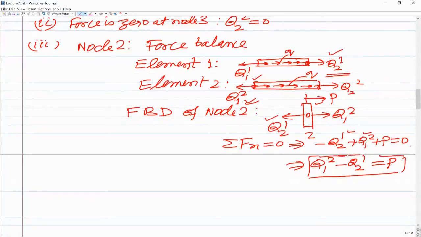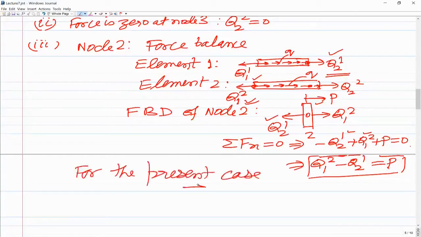For the present case, because there is no externally applied load at node 2, P is equal to 0. So we will have q12 minus q21 equal to 0 because P is 0.